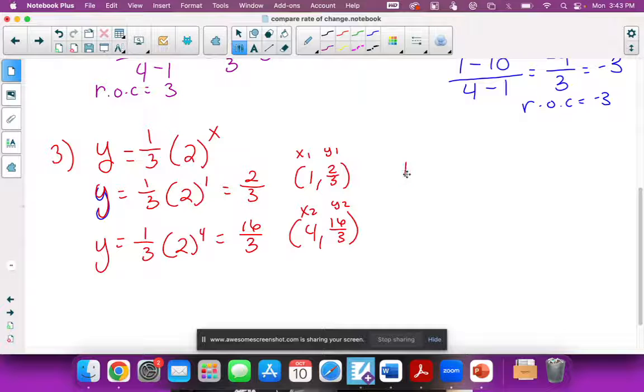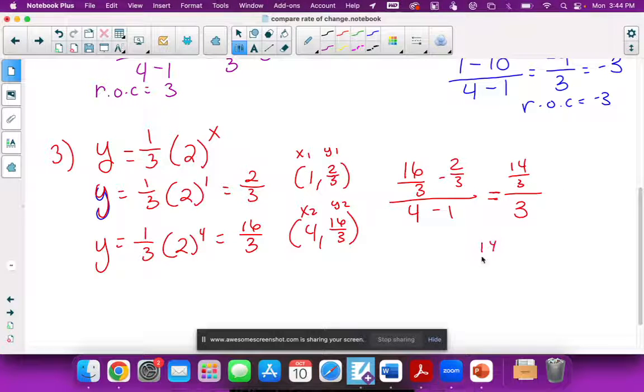So y2 minus y1 divided by x2 minus x1. All right, so that is going to be 14/3 divided by 3. And again, if you put that in your calculator, use a stacked fraction, 14/3 divided by 3, or use 14/3 divided by 3 as a horizontal fraction, so you can put it in your calculator like this.